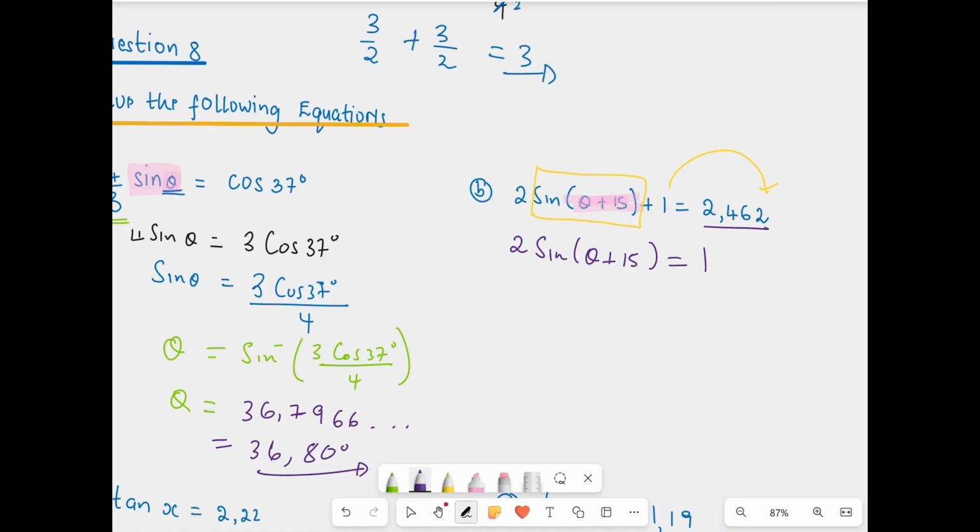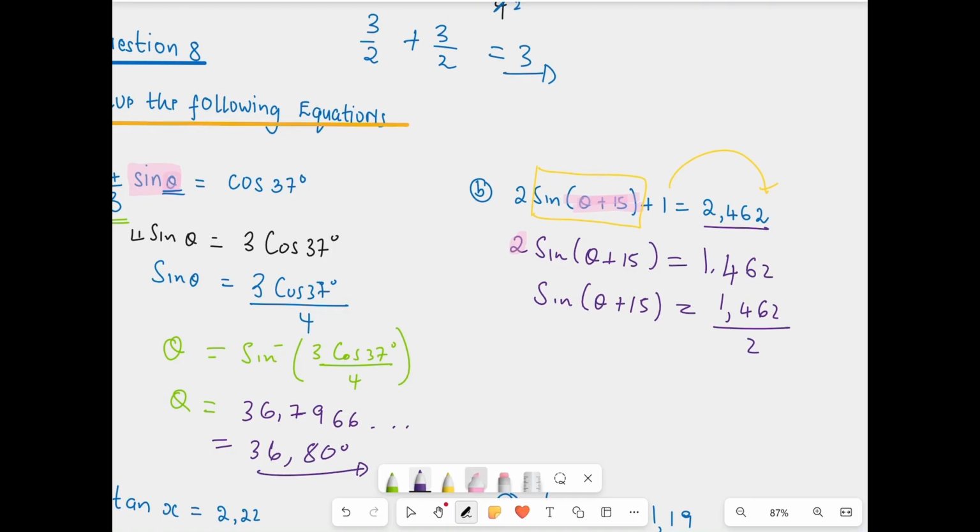It will be 1,462. And then I still need to separate because I still have this 2. So I will divide everything by 2. If I divide everything by 2, I will have sine of an angle, which is theta plus 15, equal to 1,462 all over 2.